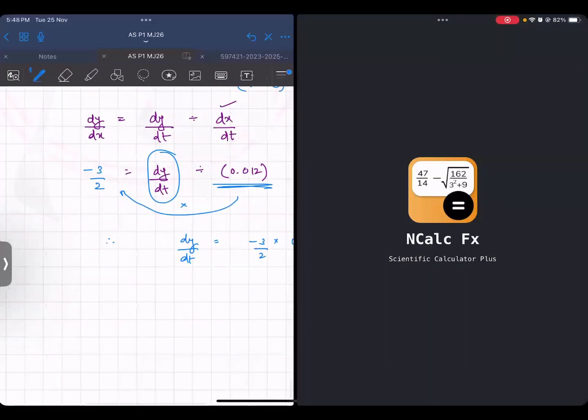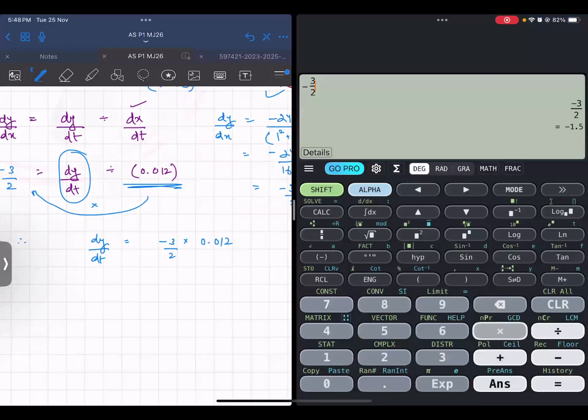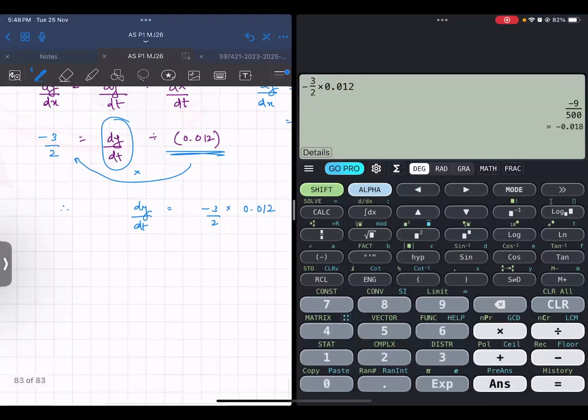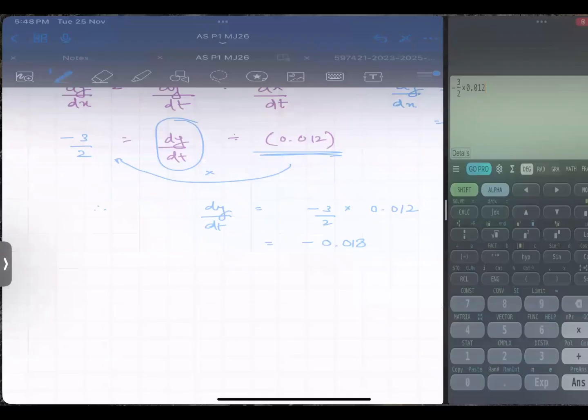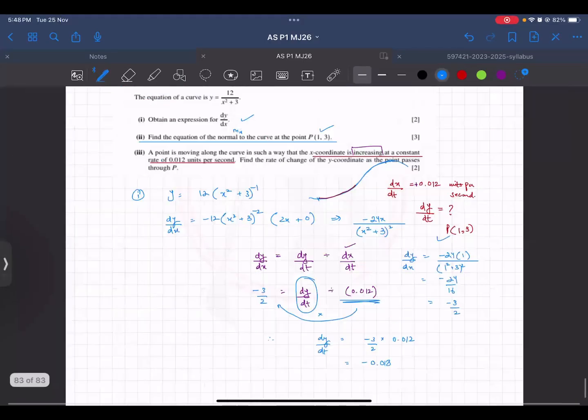So your answer is coming out as negative 0.018. This is the speed of the point which is passing along the curve in the y direction, dy by dt. This is how you would do it. And the main formula is this.